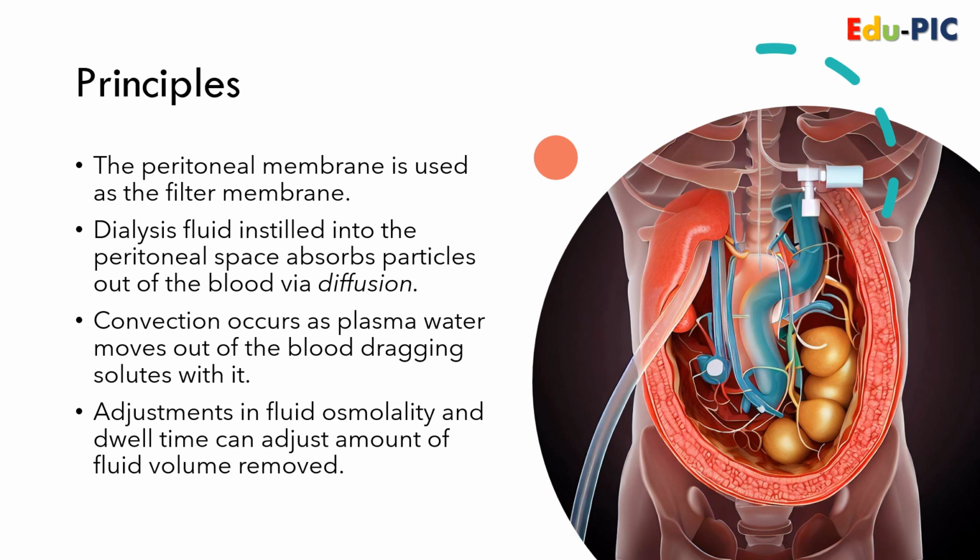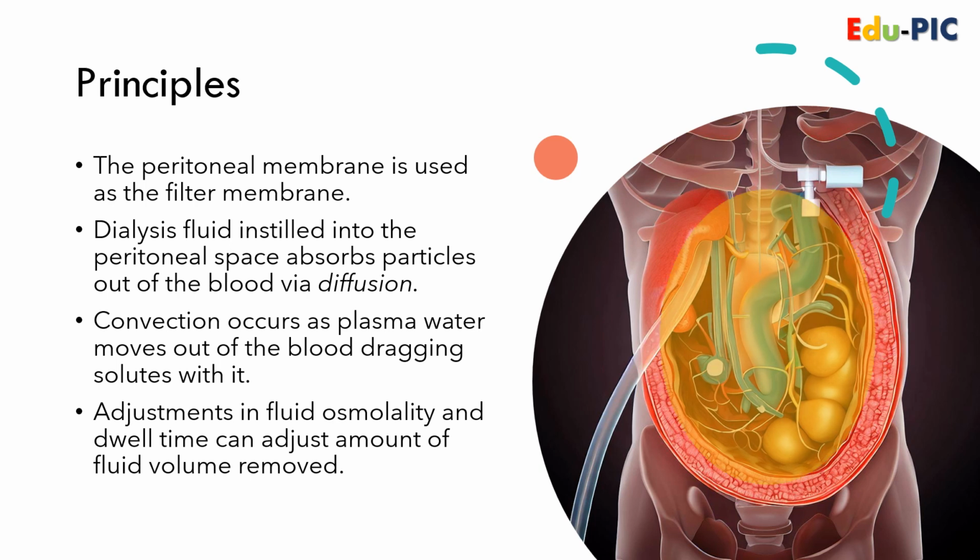Well, how does it work? Using the peritoneal membrane as our filtering membrane, we get some fluid instilled into the peritoneal cavity, and using the principles we talked about last time, depending on the concentration of specific particles in the fluid, we can get some of the higher loads of these particles and toxins from the bloodstream, from the plasma, into our fluid.